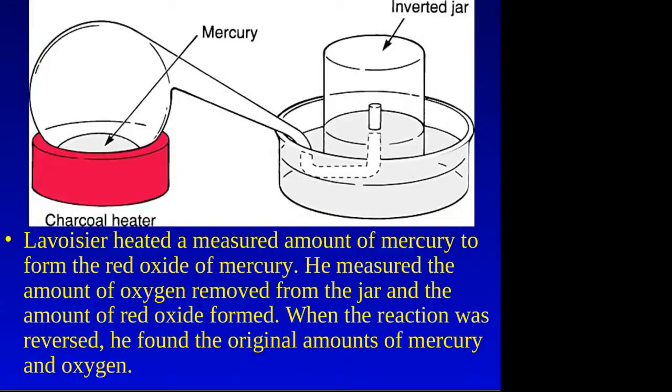Lavoisier took mercury and produced mercury oxide and measured the oxygen going away. So both of these experiments realized this process was somewhat reversible. You needed some type of energy to make the chemical reaction happen quicker, or quick enough that you could observe it. And so they were able to see that there was a gas that comes or goes into the mercury oxide.